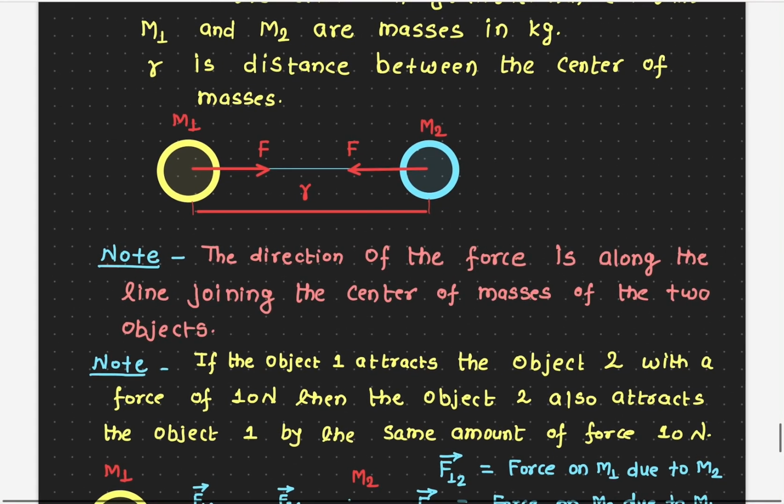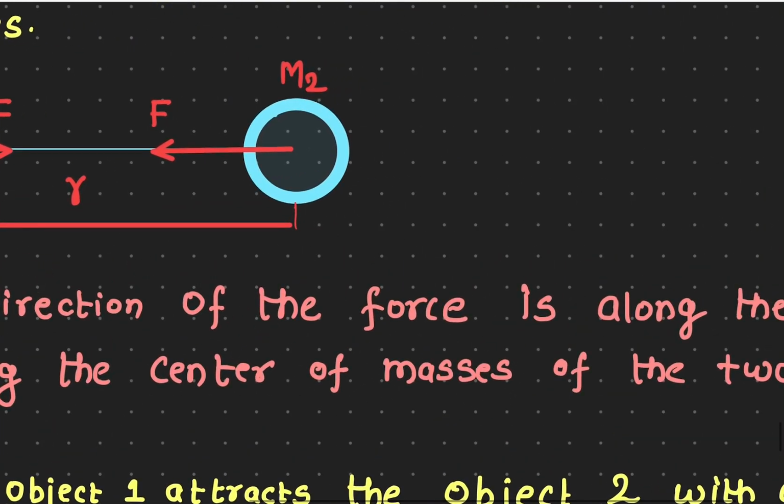One important thing: let's say you have a very heavy object here, and then another tiny object. There is a force of attraction between these two objects too. And remember, these two objects attract each other with exactly the same amount of force.